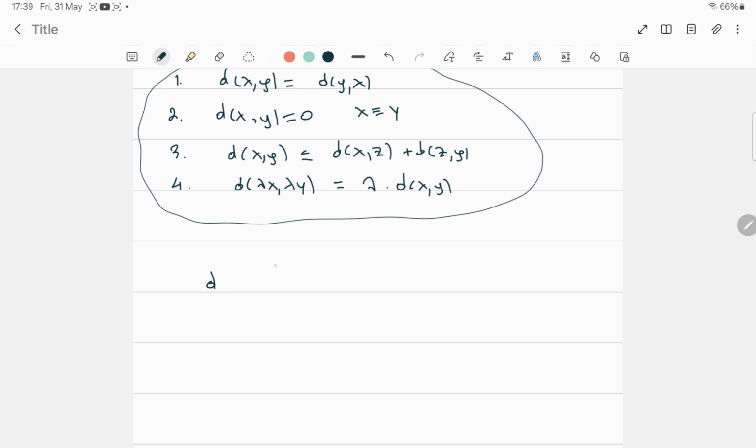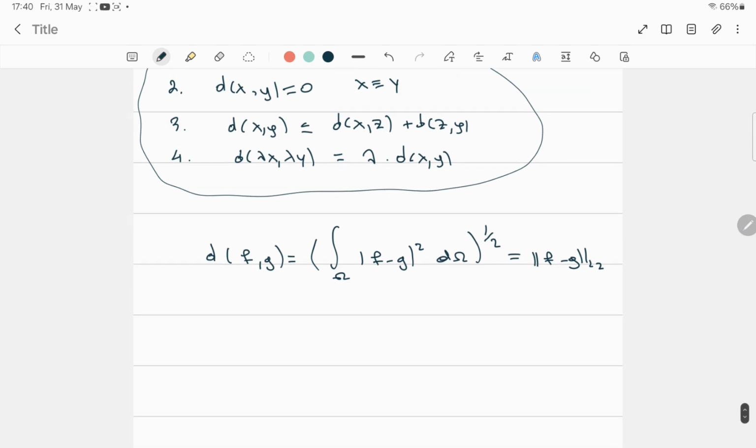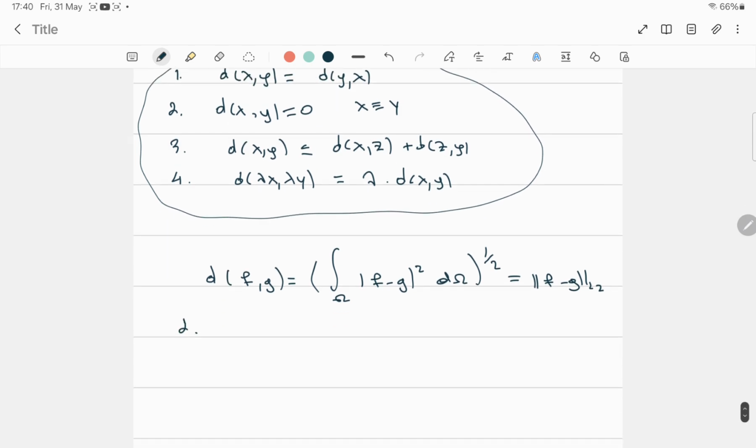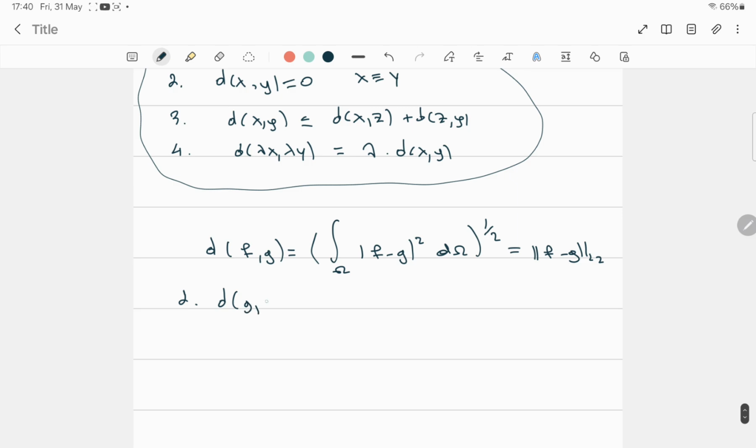So now let's take this norm: the square root of the integral of (f minus g) squared dω. So this is the L2 norm of f minus g in Ω. Now let's take d(g,f). d(g,f) equals the square root of the integral over Ω of (g minus f) squared dω.